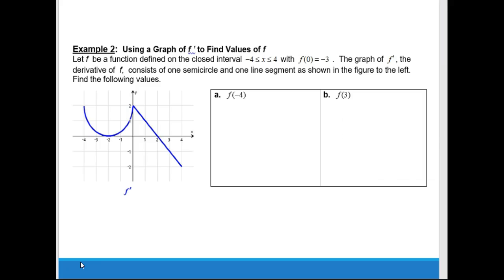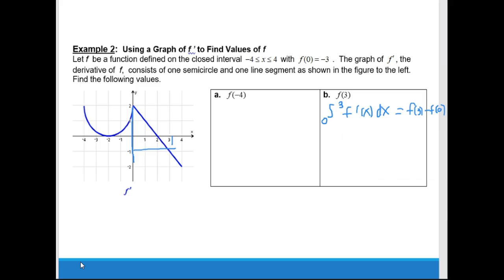So again, f of 3 would be like the integral from 0 to 3 of f prime x dx, which would equal f of 3 minus f of 0.